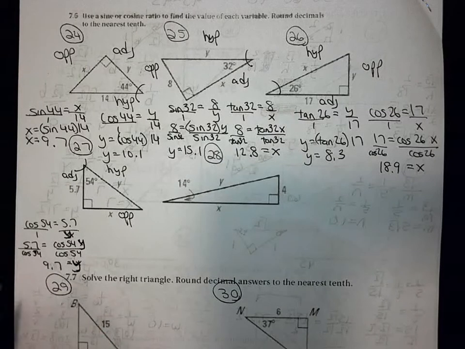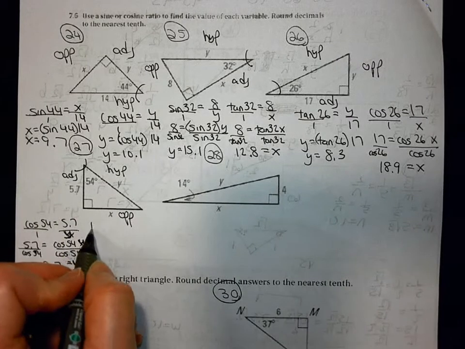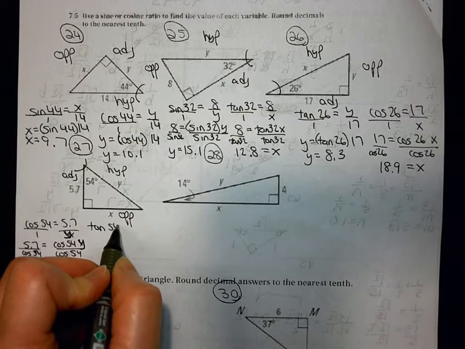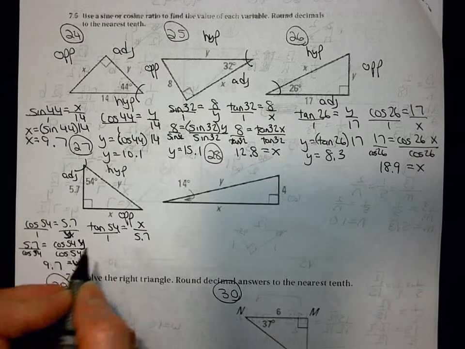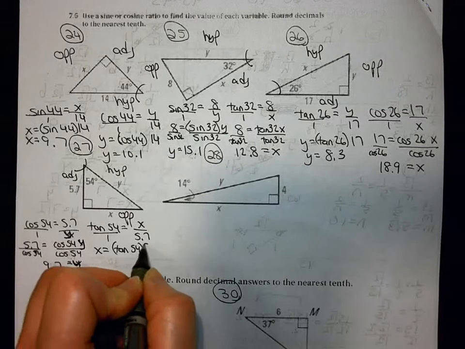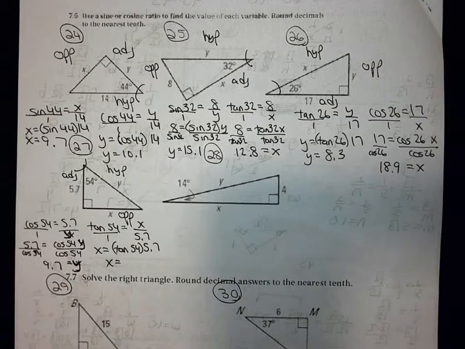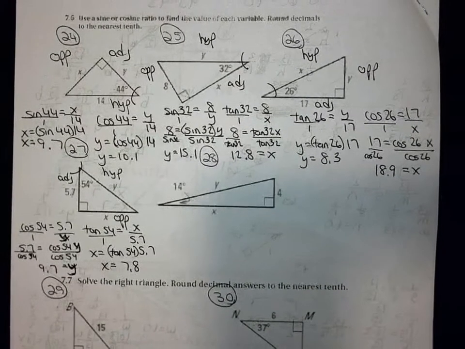Okay, now we've got to deal with the x and the adjacent, so that's going to be tangent. So tangent of 54 is going to be x over 5.7. So we cross multiply. x is going to be tan of 54 times 5.7, so 7.8. Okay, I apologize. Yeah, remember, please be careful.